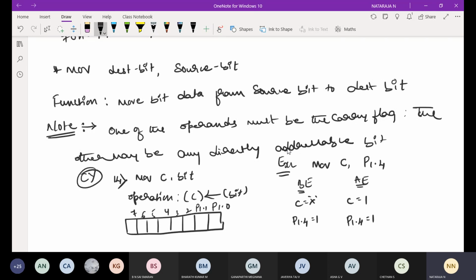In P1.4 we have a data, here 1, though it may be 0, whatever it may be.